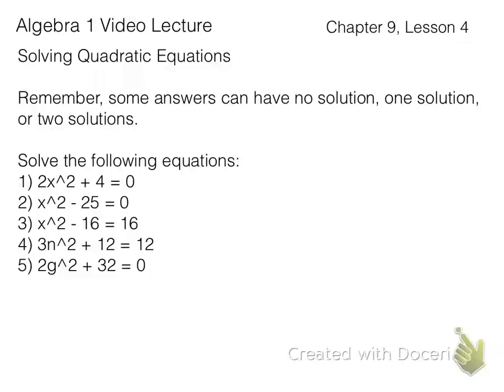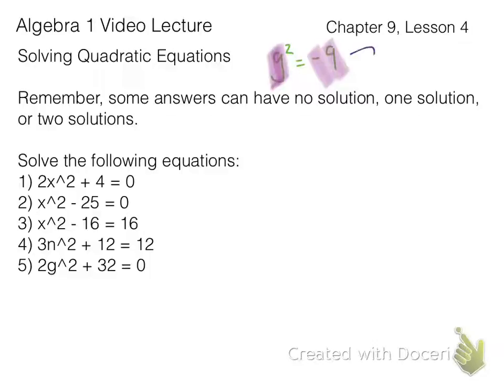Okay, let me start over. No solution means basically if you get something kind of like this: g squared equals negative 9. It's not possible to get that because there's no number that you can replace g with, square it, and then get a negative outcome.